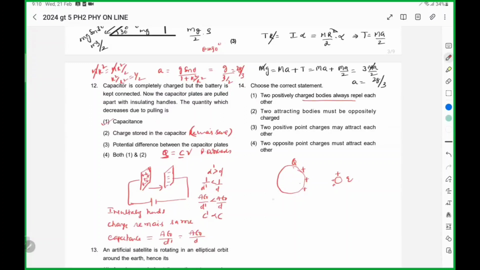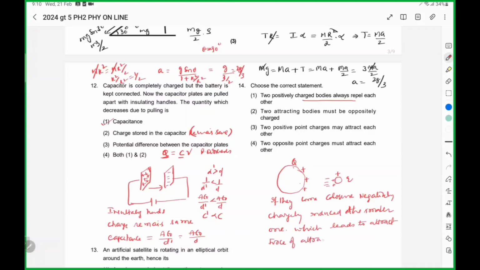But if they come closer, negative charge will be induced on the smaller one, which leads to attraction. So force of attraction exceeds force of repulsion. So this statement need not be correct.